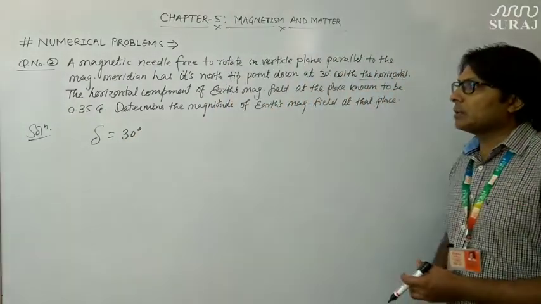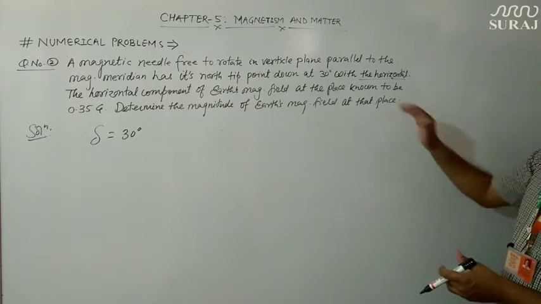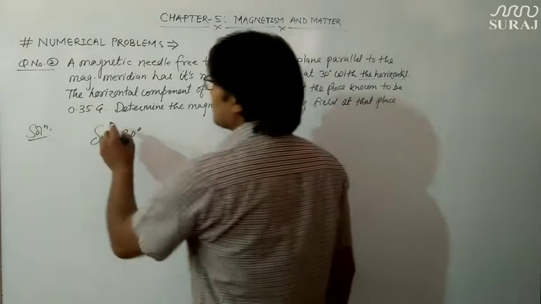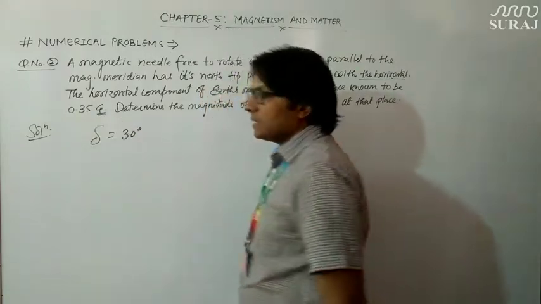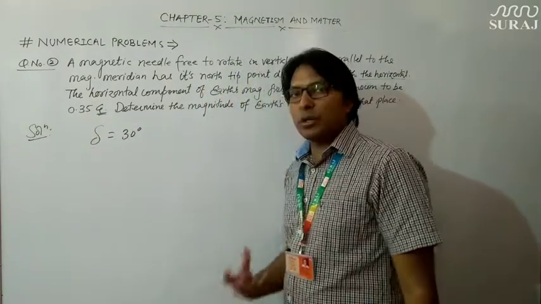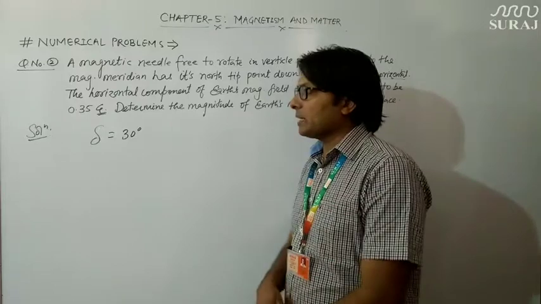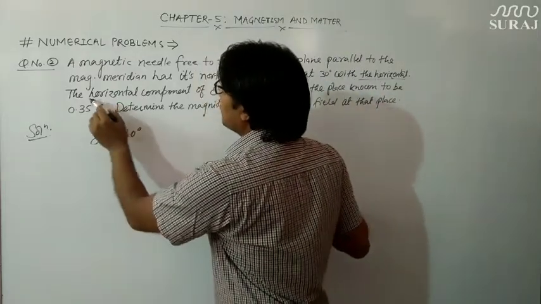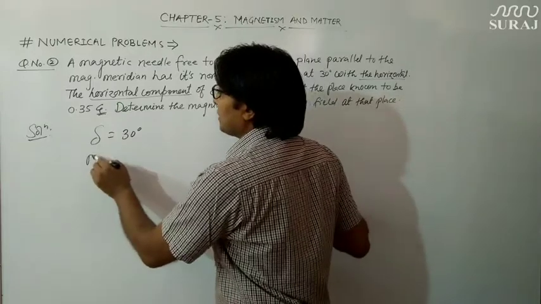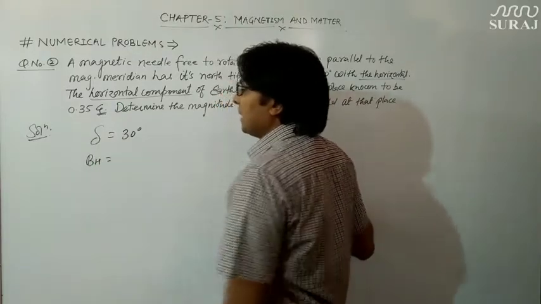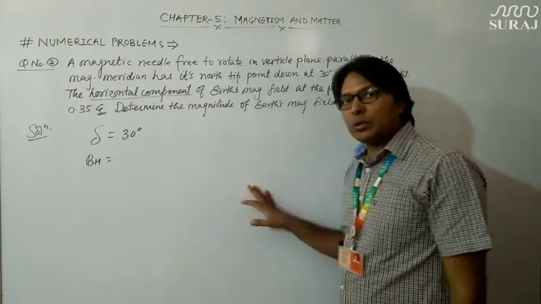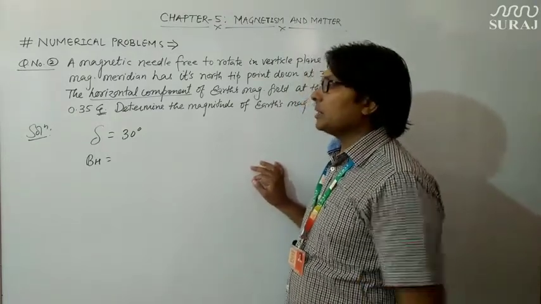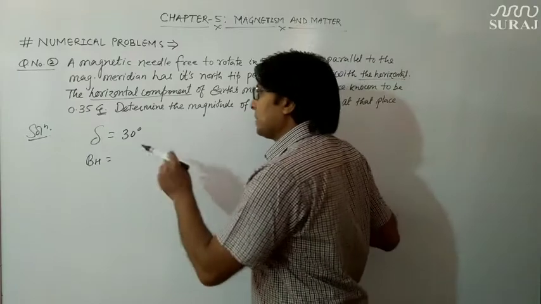The horizontal component of Earth's magnetic field at that place is known to be 0.35 Gauss. Gauss is also the unit of magnetic field in the CGS system. It is the smaller unit of magnetic field. This is the horizontal component of Earth's magnetic field, represented by BH. We know at any place there are two components of Earth's magnetic field, horizontal component and vertical component.